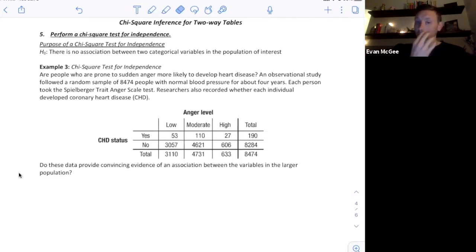So the first thing I'll do is look at the table here and familiarize myself with it. This has 2 rows and 3 columns. And so I'm looking for an association between coronary heart disease and their anger level. So in the state section, let's write out our hypotheses.